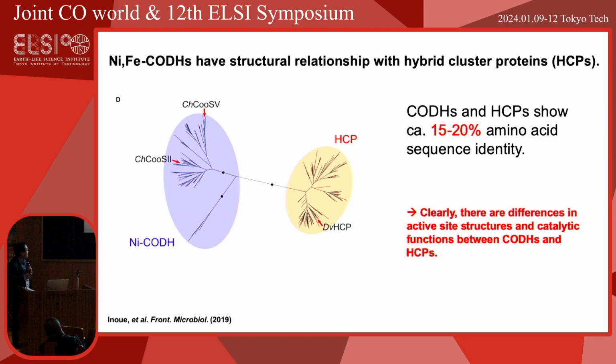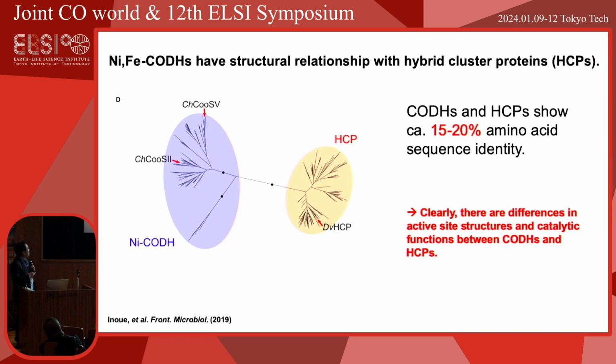And now you see this one, the HCP clade. So there is some relationship between HCP and CODH, but only about 15 to 20% amino acid sequence identity could be observed between the two types of enzymes.